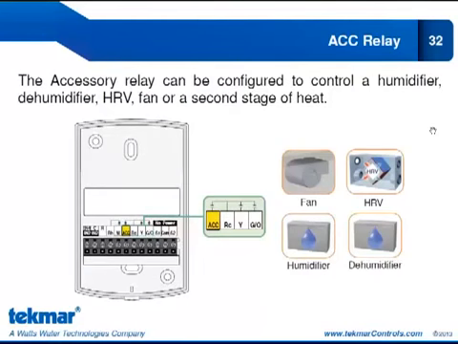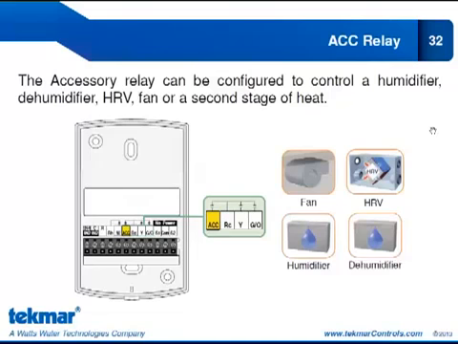So as we saw through the applications, the accessory relay can be set up to operate a fan, an HRV, a humidifier, a dehumidifier. It can also be set up to control a second stage of heat. We didn't show that second stage of heat here because it can be configured for so many different heat terminals.